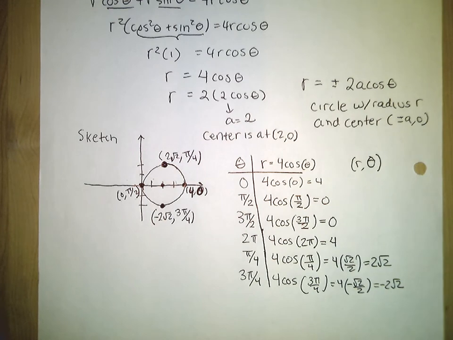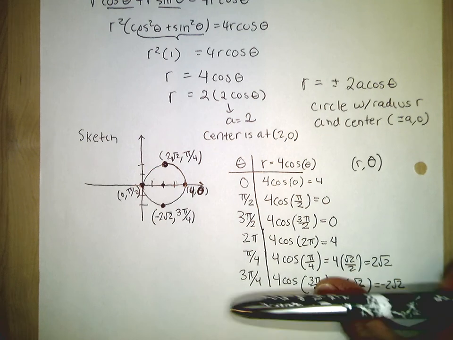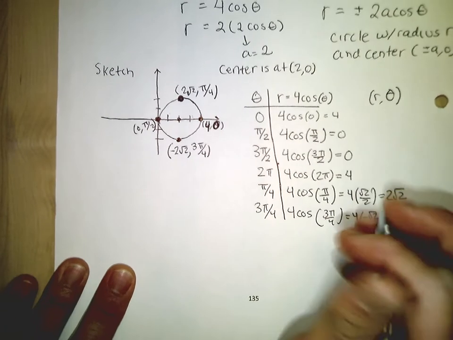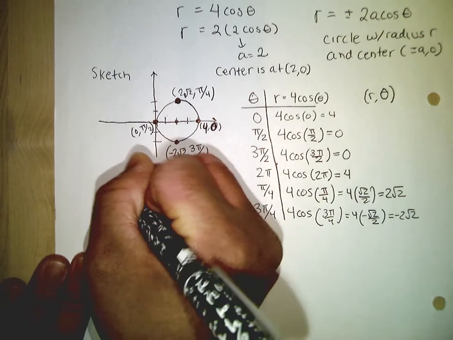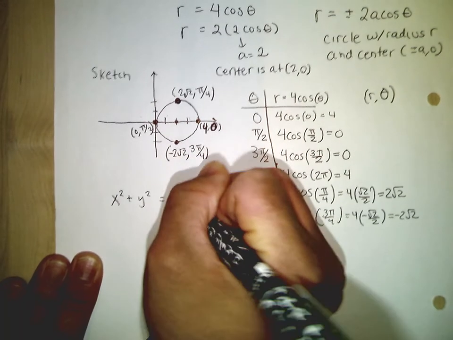Now, as a side note, if you want to do this without polar coordinates, and who knows, you might find this easier, you might not, x squared plus y squared is 4x.